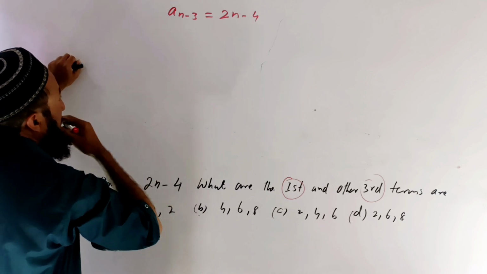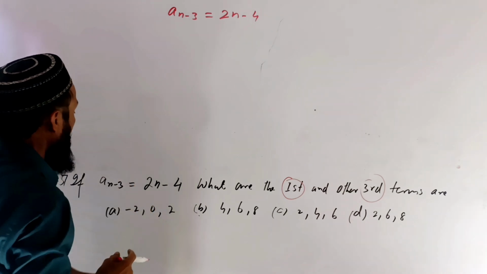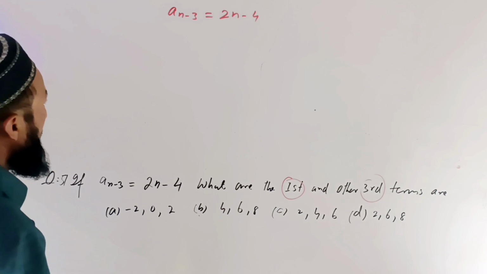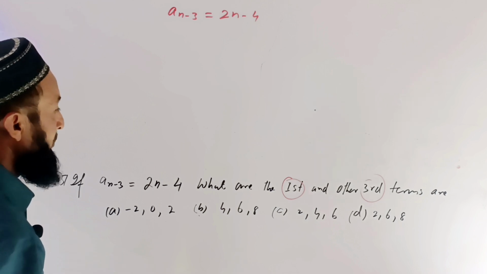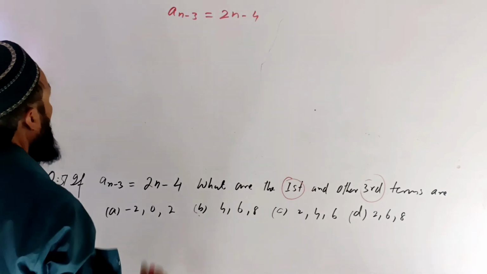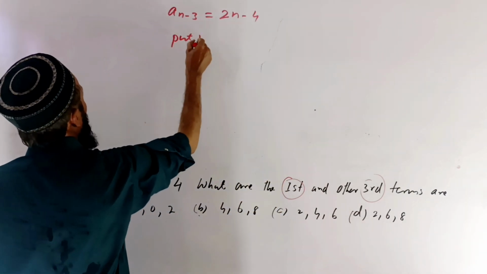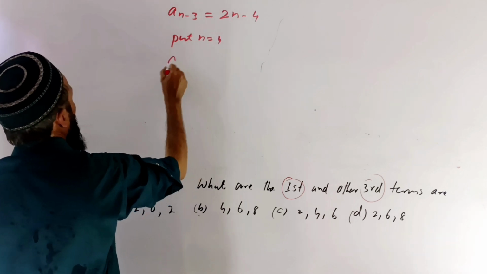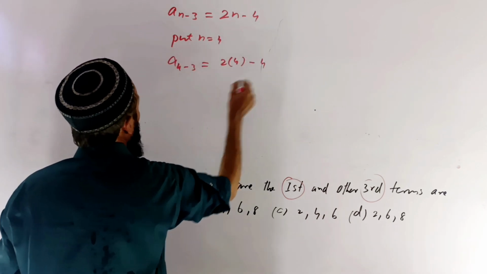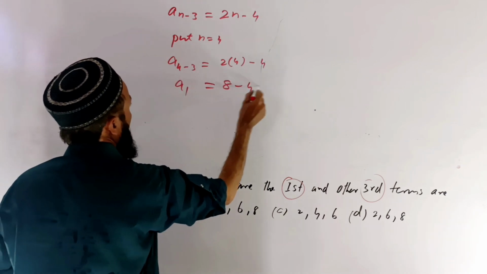First term is required. First term means put n is equal to 4, because here a 4 minus 3 is equal to 2 into 4 minus 4. This will be the first term a1. 8 minus 4 is equal to 4.